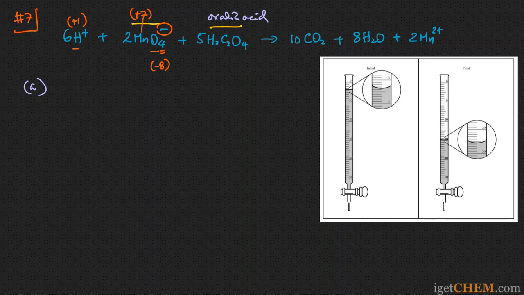For the oxalic acid, the 2 H, each +1, give you +2 together. These 4 O's, just like in the permanganate, give you -8. The overall charge of that compound is 0, so these 2 carbons together must be +6, and each carbon individually is +3. I'm not going to write that down because that has nothing to do with this problem.